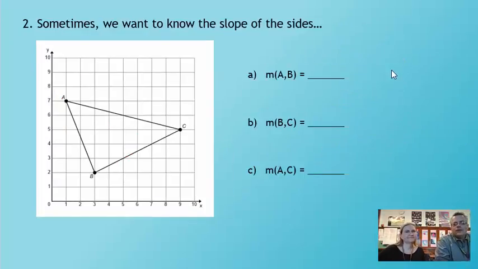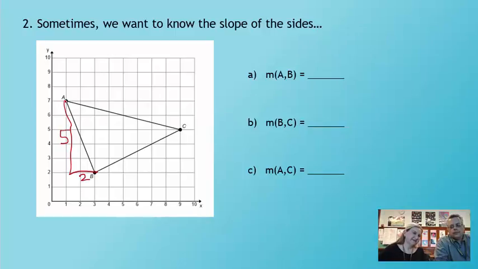Sometimes we're given a figure, and we have to compute the slope of the sides. We're going to compute the slope of the 3 sides of this triangle. If I'm going from A to B, here is my rise and here is my run. I'm going 1, 2, 3, 4, 5 units and 2 units to the right.